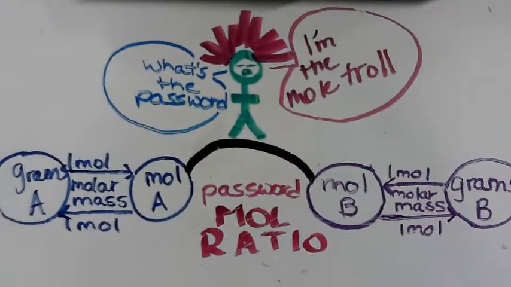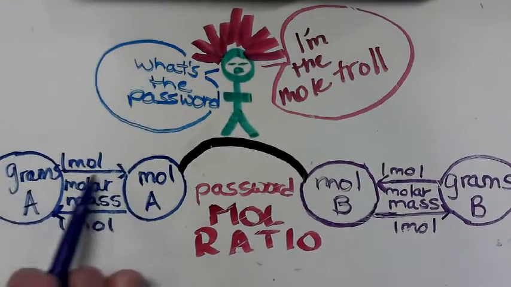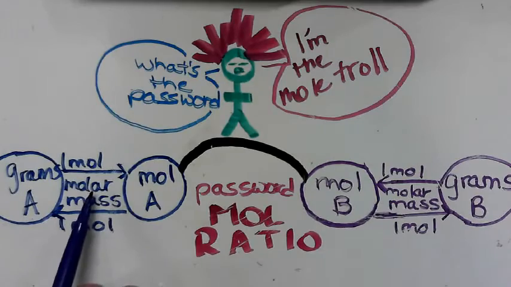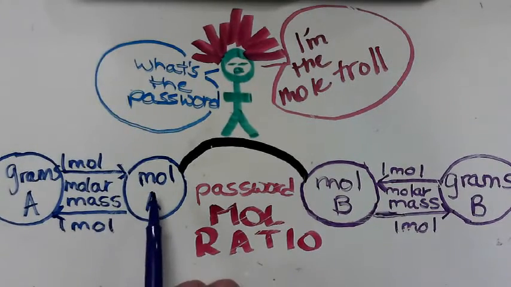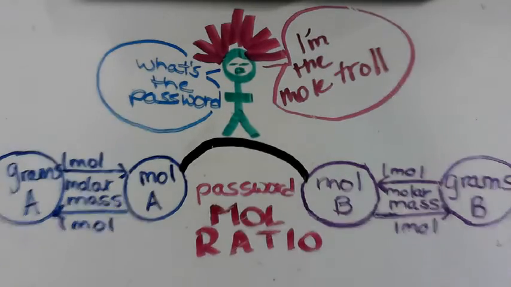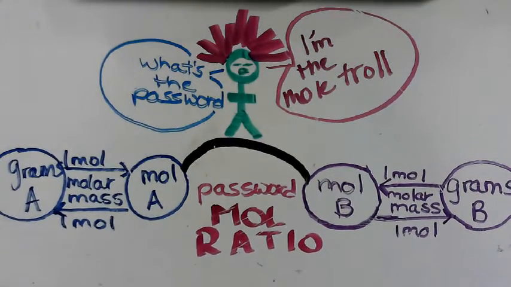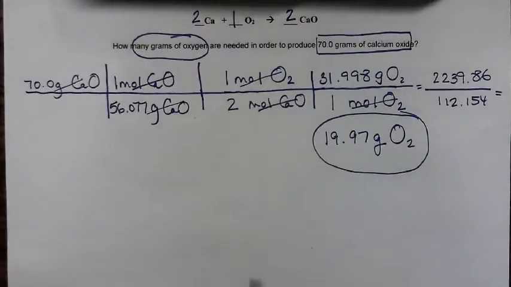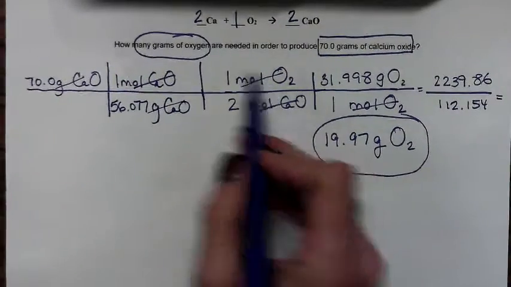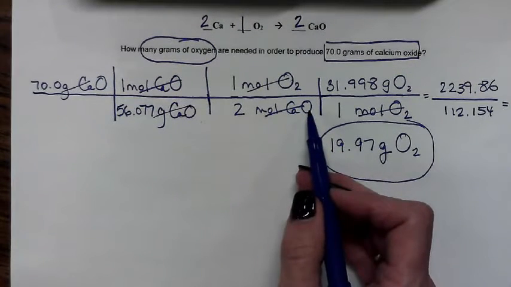Use the mole map. Sometimes people need the mole map. It's handy, okay? We started with grams of calcium oxide. We followed the arrow. We put 1 mole over the molar mass of calcium oxide, which converted us to moles. Then we got to the mole troll. You have to convert from moles of A to moles of B, but you aren't crossing that bridge unless you give the password. Password is mole ratio, so you go back to your balanced equation and you find the mole ratio. You're going to put the moles of what you're trying to find, your unknown, on top, and you're going to put moles of your given on bottom.